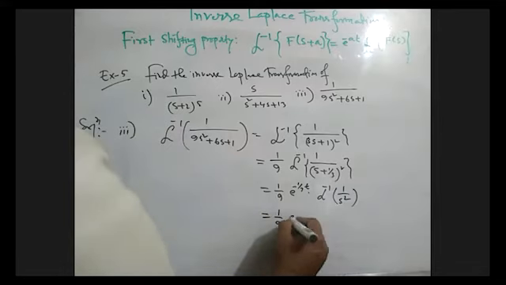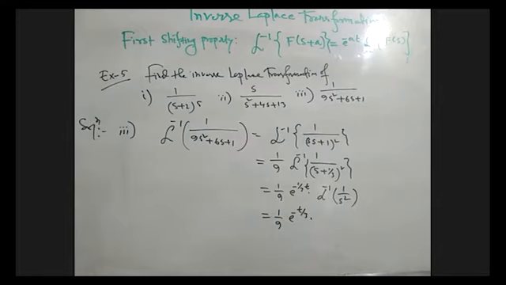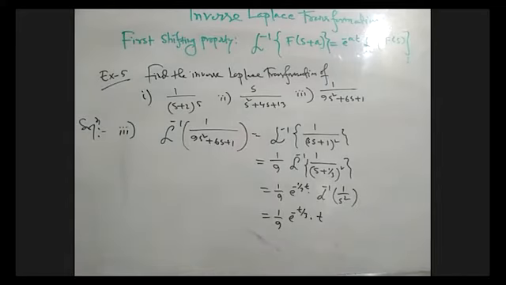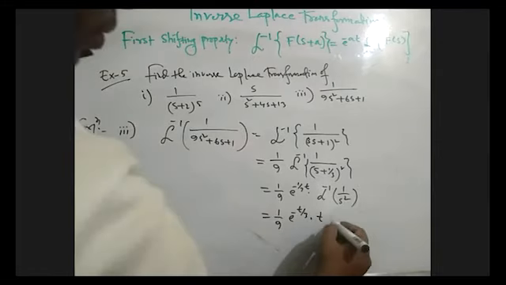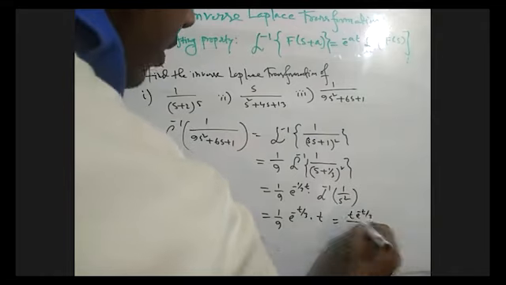The inverse Laplace transform of 1 by s square equals only t, using the formula chart. So this is the result. Very easy. That means we can write t times e to the power minus t by 3 divided by 9. This is the result.